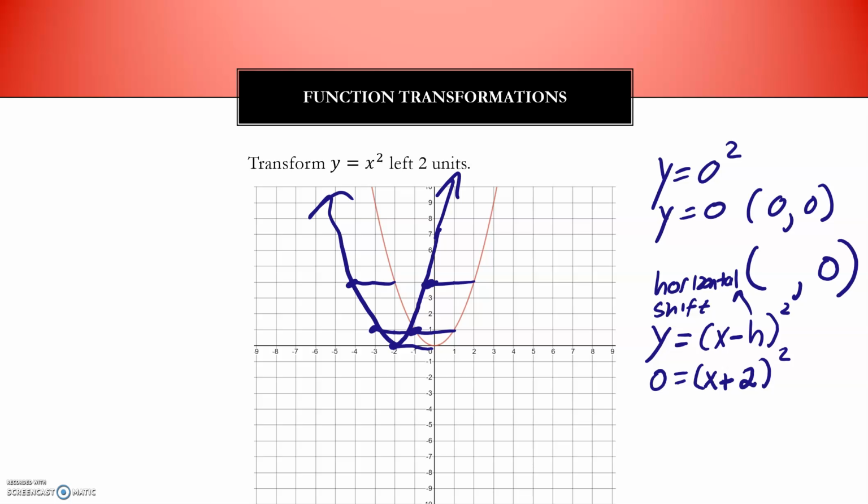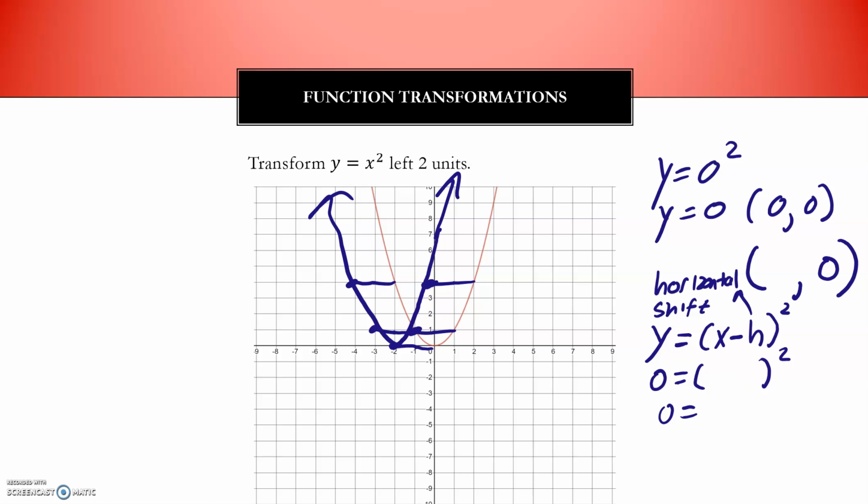Well, because what's going to make this be a 0? Well, I need to have a situation where this gets me a 0. Well, that means that x minus 2 has to be 0.